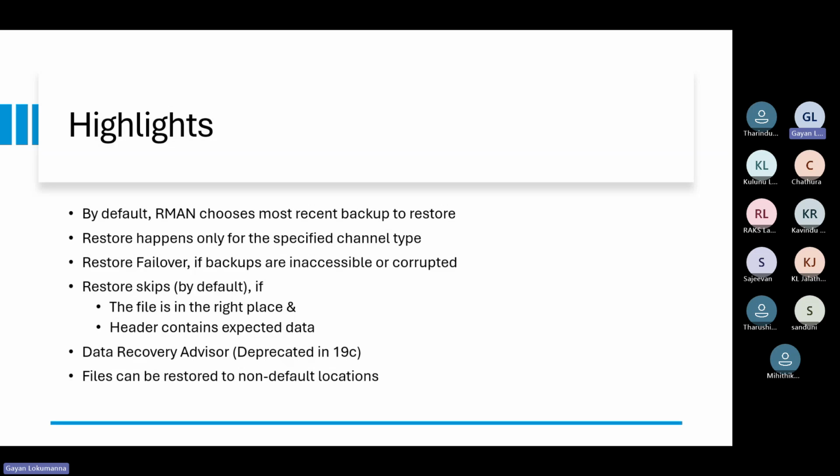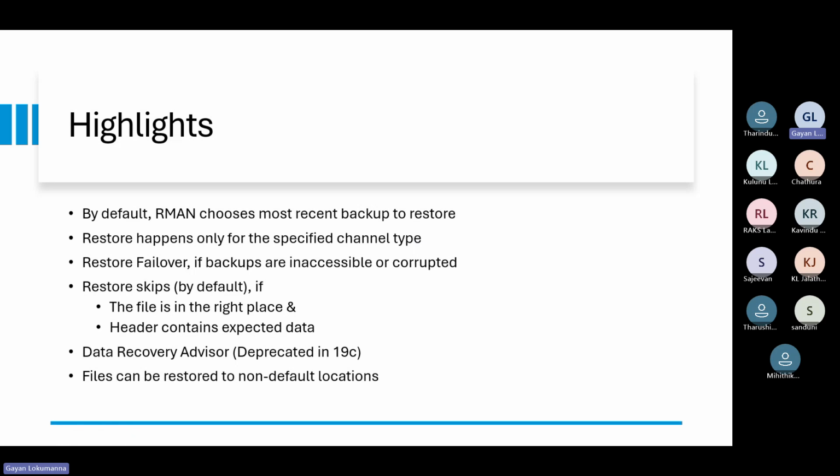So a recovery process will always use a backup before the point in time of recovery that you want, and then keep applying the changes, taking the database forward up to the point that you want. Okay, so that's how it happens. So that's the first point, and then also the restoration, if you are using a particular channel type, there are two types that we had learned.